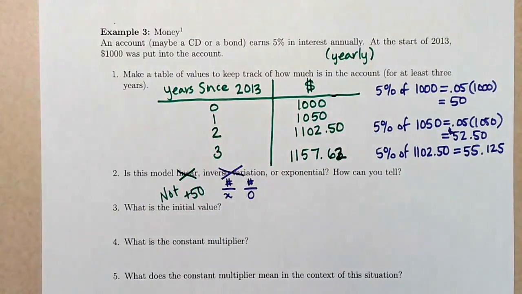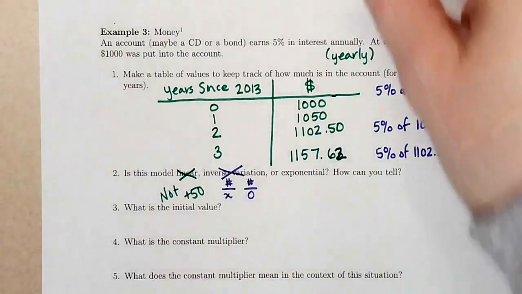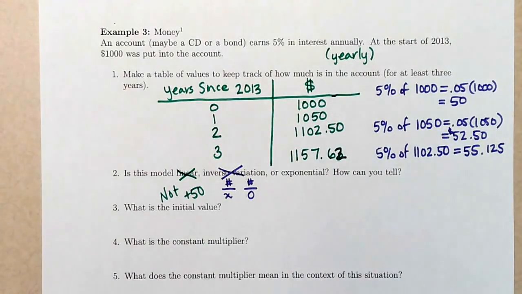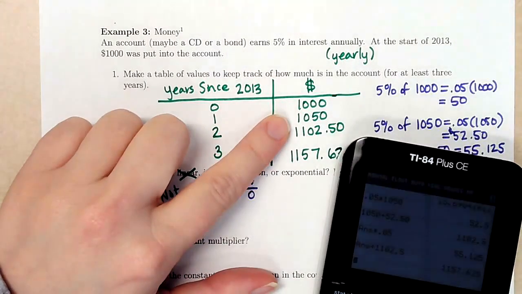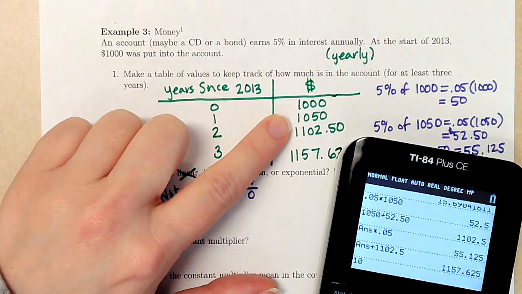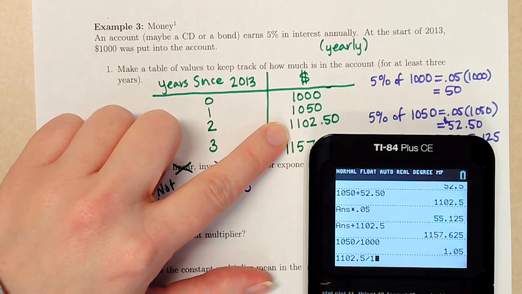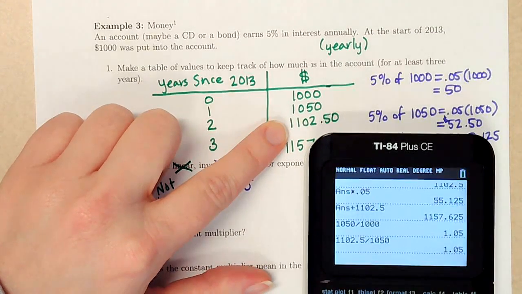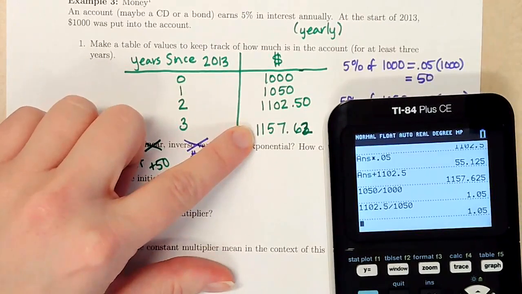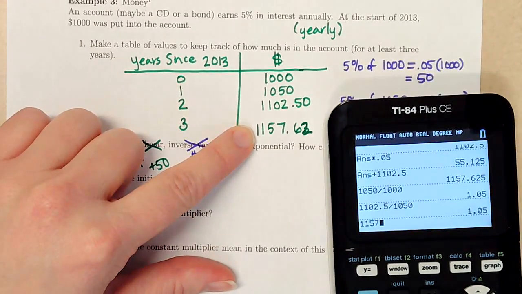And is it exponential? In order for it to be exponential, it would have to have a constant multiplier. Let's see if we can find one. We would have to do the ratio of each to each. So 1050 divided by 1000 is 1.05. The next one divided by the previous one is 1.05. And $1,157.62.